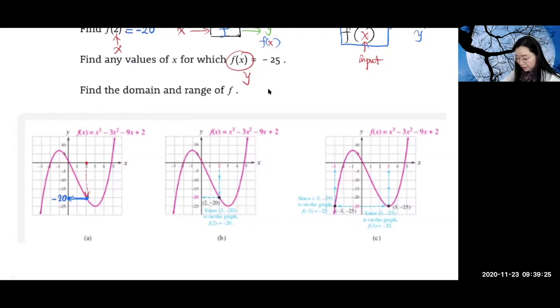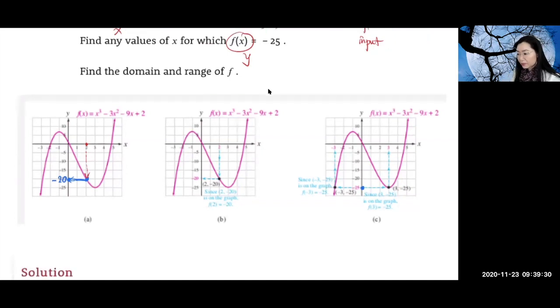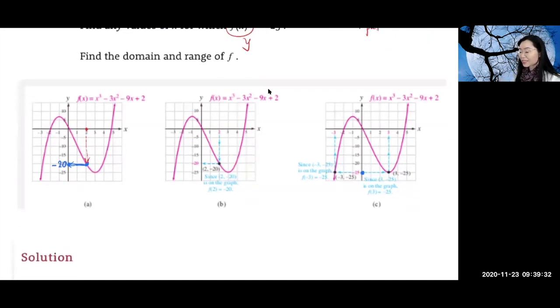And then we will look to the side, left and right, to hit the graph. So it hits the graph at this point and also this point, at these 2 points.